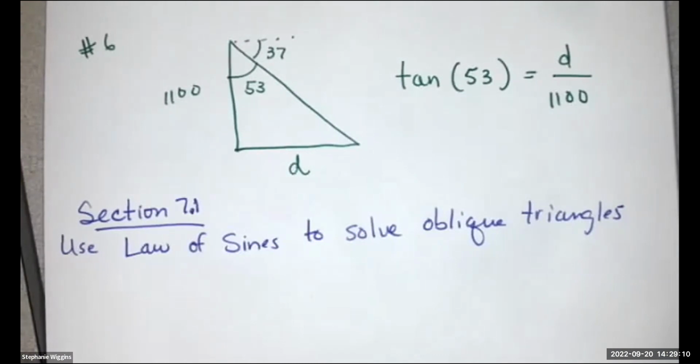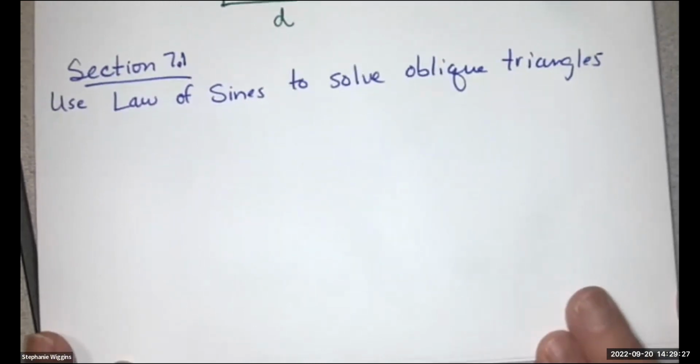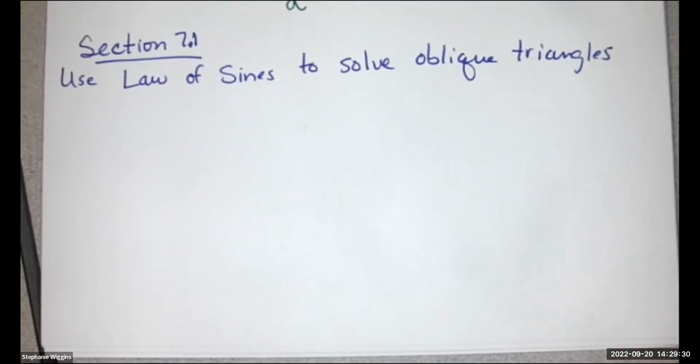And not all oblique triangles can be solved with the law of sines. Then in section 7.2, we're going to cover the law of cosines. So it depends on what information you're given. And we'll start out with some basic examples and build up to the harder ones. Sometimes when you go to solve a triangle, it actually has two solutions.